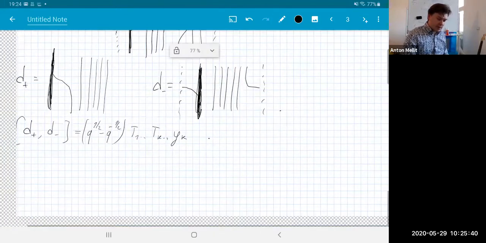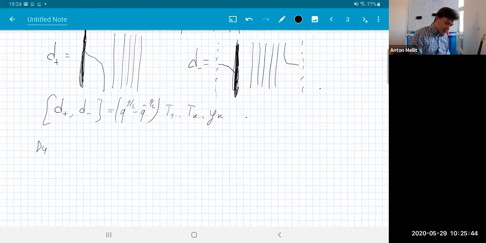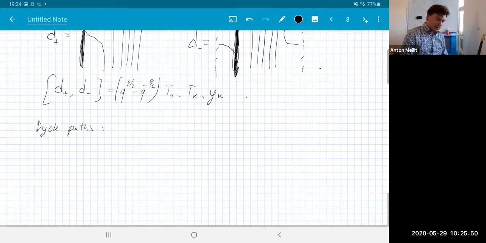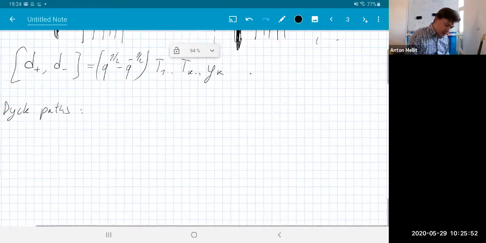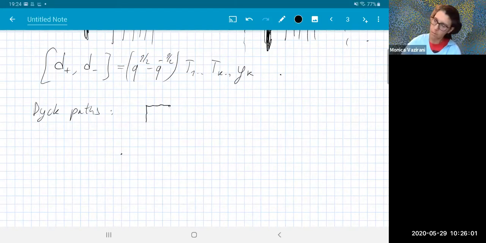But already with this picture, you can draw another. You have a disk path, and you can visualize it like this.